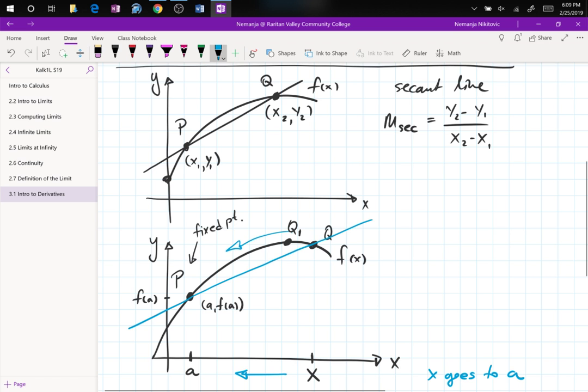And you are able to use algebra again to find the slope of the secant line. And Q moves again, and you are able to find, using algebra, another secant line slope.